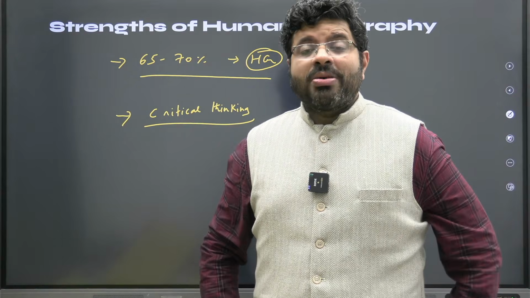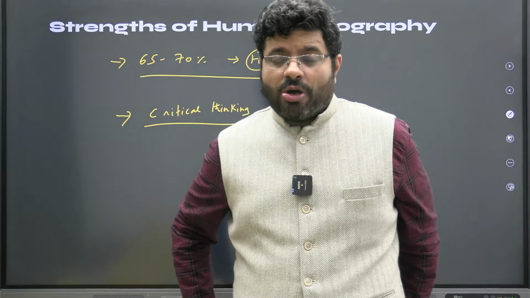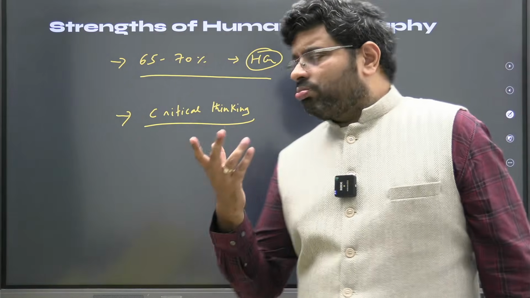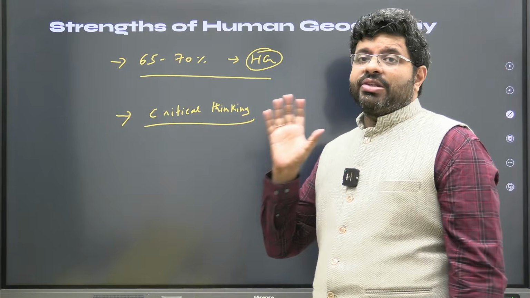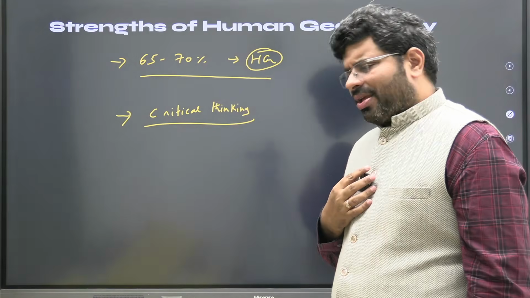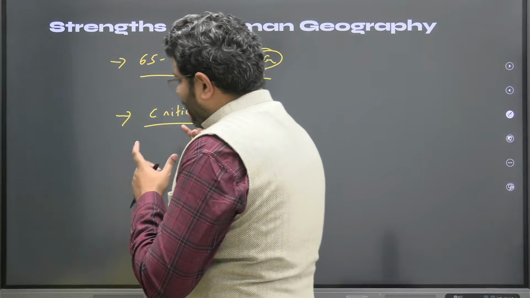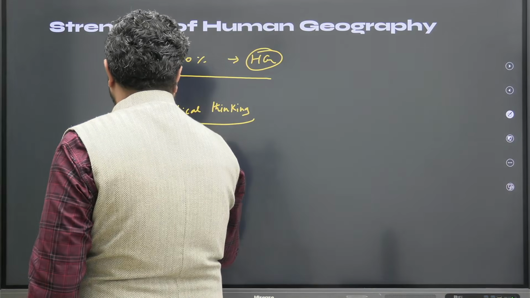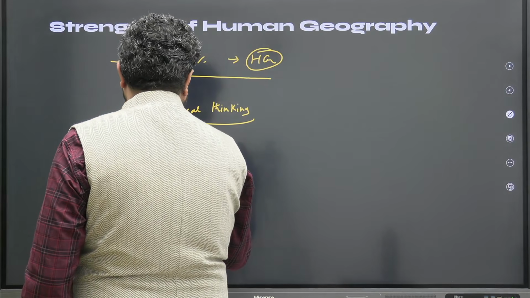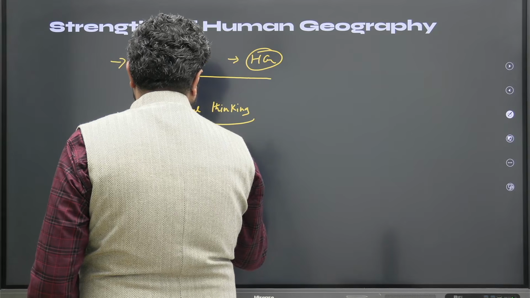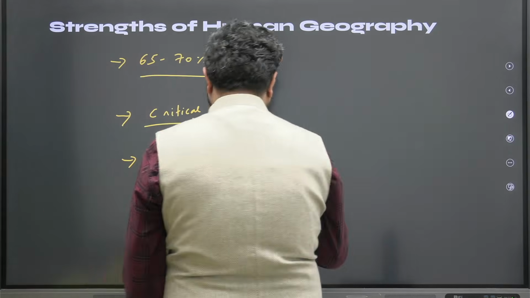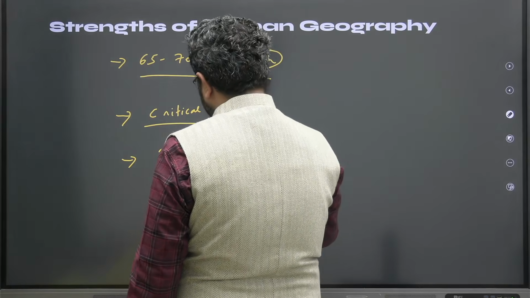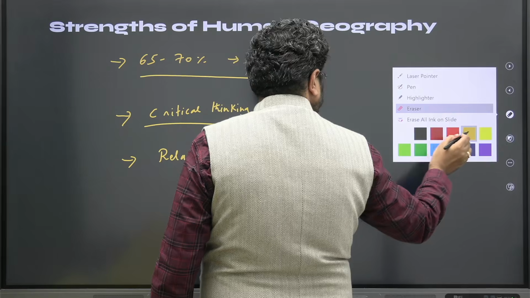And human geography, especially for geography optional students, holds true here. This is what I value a lot. These are the main two advantages. Also, the other advantage, in relative terms, is that it is very much less time consuming.